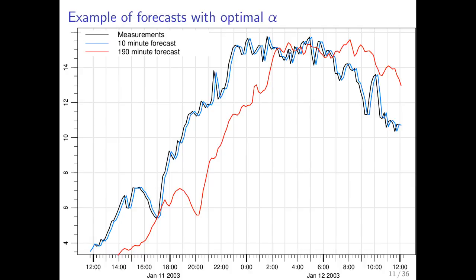And when you get up here to the top level, the plateau, the volatility is much less for the smoothed one than for the measurement and for the 10-minute data. Of course, when the wind speed is changing a lot within the prediction horizon, this is not a good forecast, but it is a forecast.